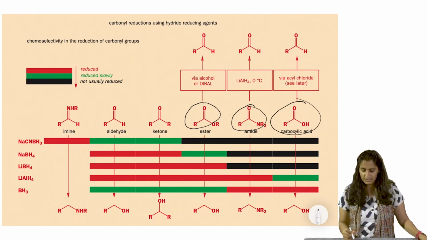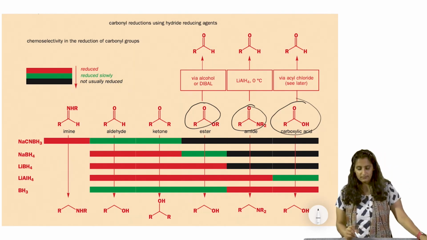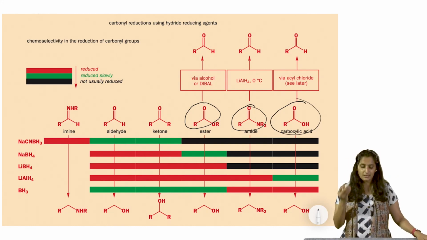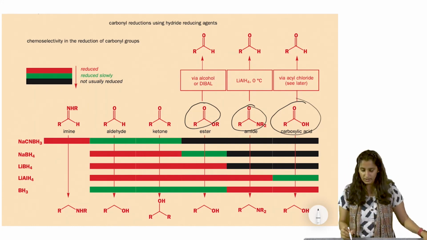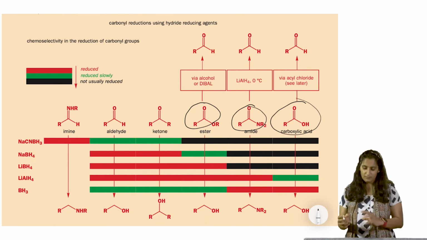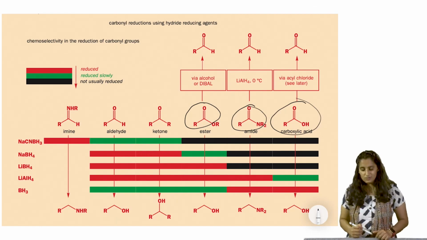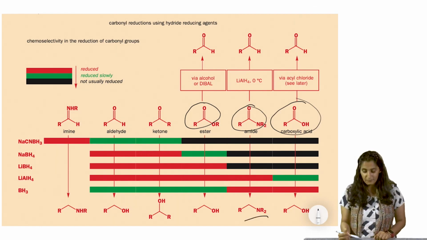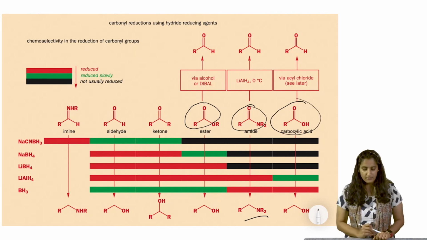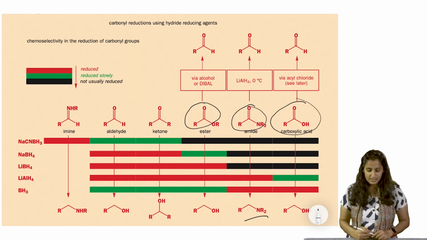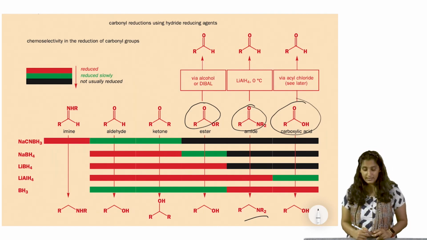The reason why we looked at borane for carboxylic acids was that they get reduced very slowly otherwise. So that is why we use borane BH3 for carboxylic acids, and when they get reduced they form the corresponding alcohols. In the case of esters you also end up with an alcohol, and in the case of amides you end up with an amine.